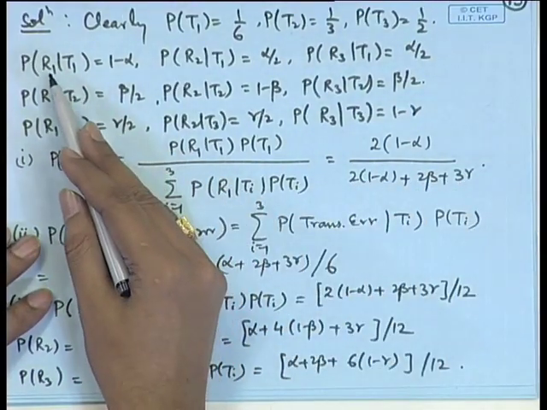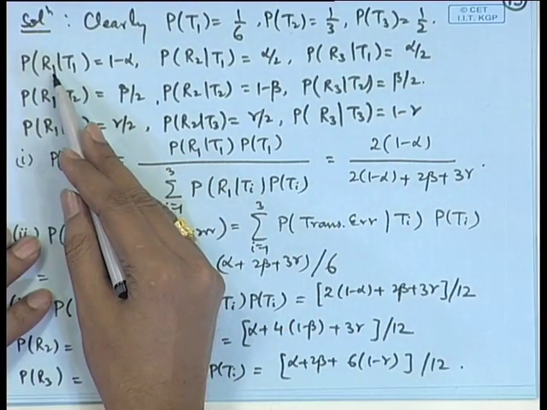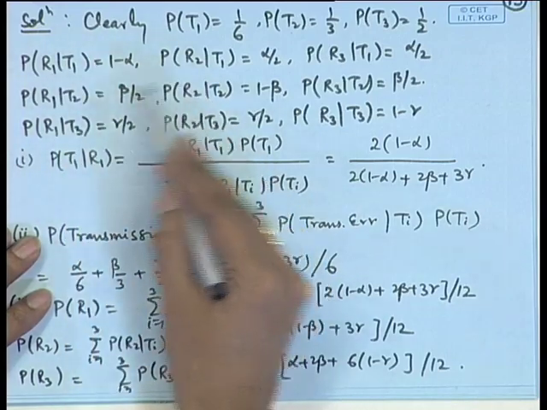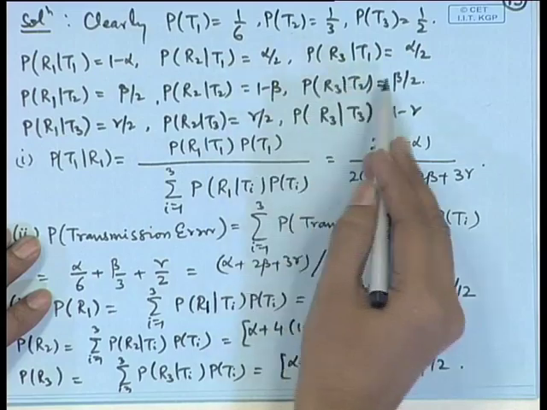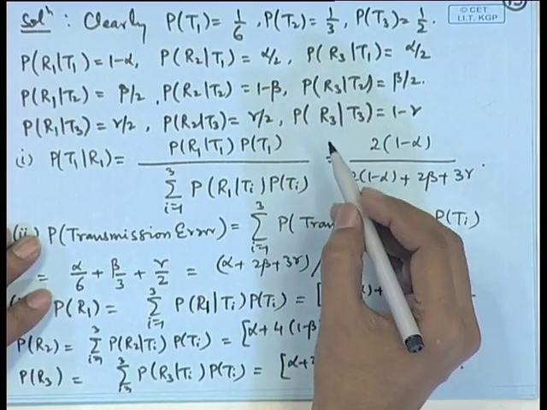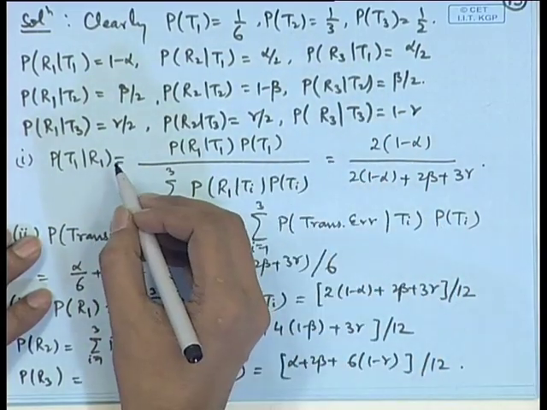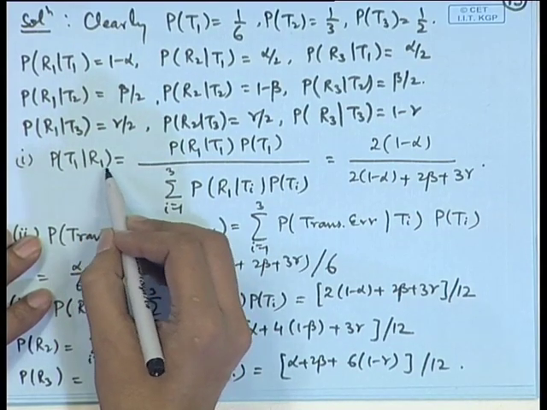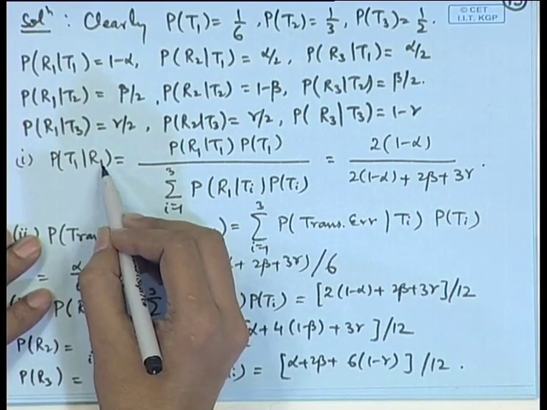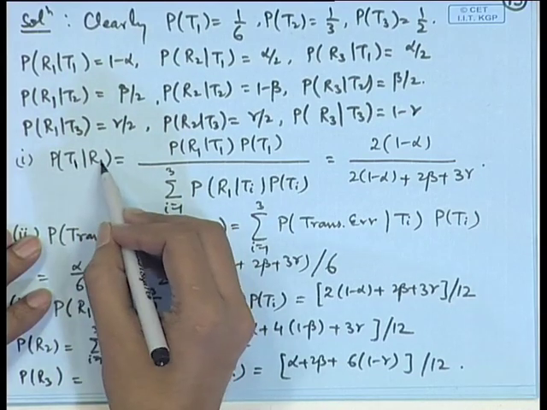Further, it is given that the conditional probabilities of R 1 given T 1, R 1 given T 2, R 1 given T 3, R 2 given T 1 and so on. Now, if we look at the probability of T 1 given R 1, that means the digit 1 is received, what is the probability that 1 was sent?